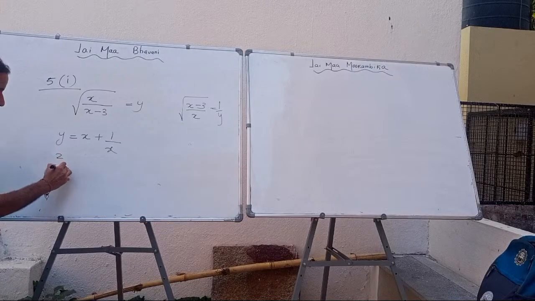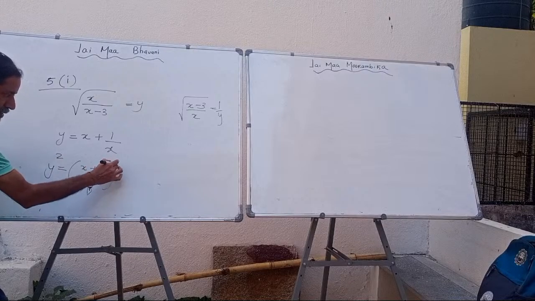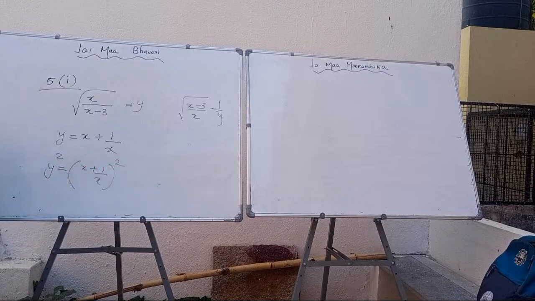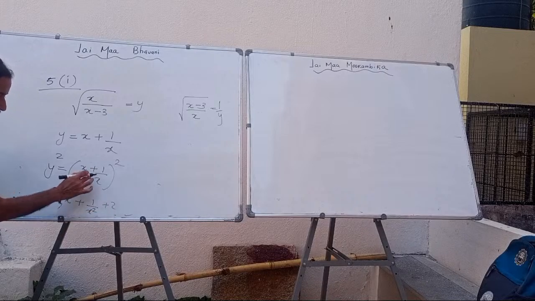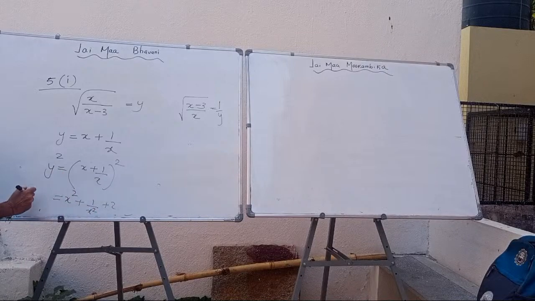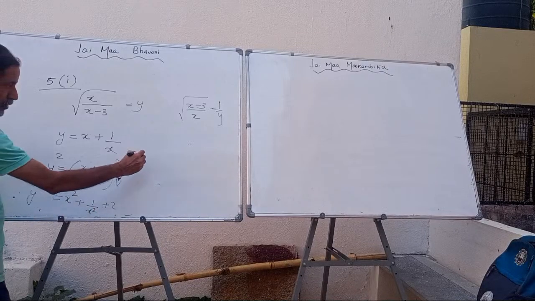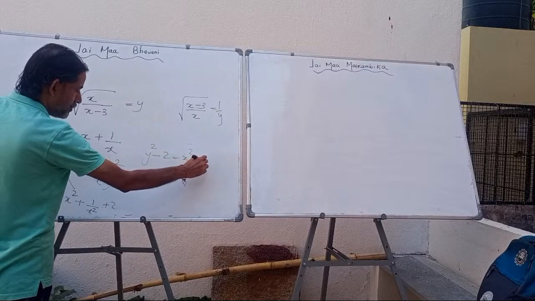See, y square is x plus 1 by x, the whole square. Then we open: x square plus 1 by x square plus 2, this into this. So they cancel out, and you will be left with only 2. So y square minus 2 is equal to x square plus 1 by x square.